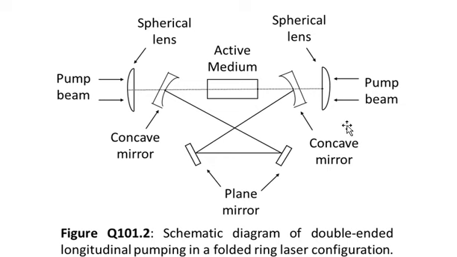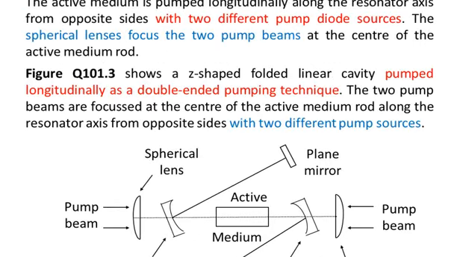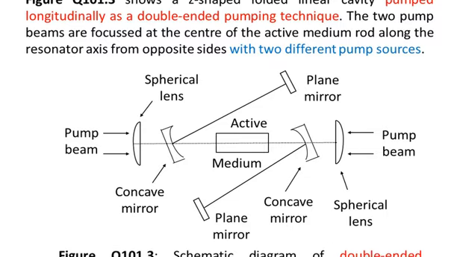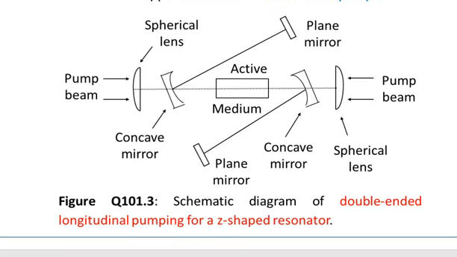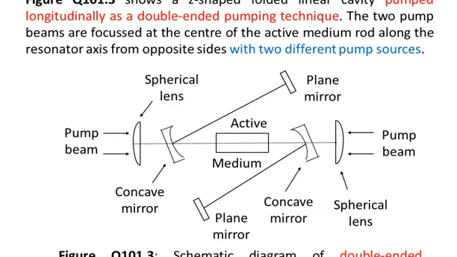The quality of the laser beam coming out from this is more refined as compared with the previous one in terms of laser parameters. And this is the scheme, again double-ended longitudinal pumping, with a Z-shaped resonator. So this also provides better quality of the beam as compared with the previous two.